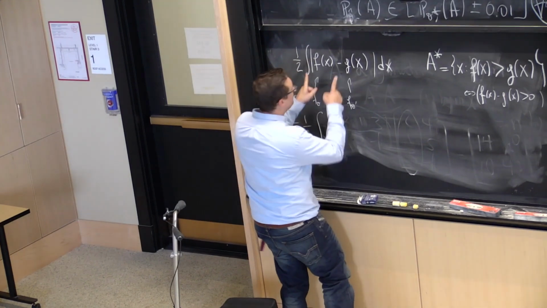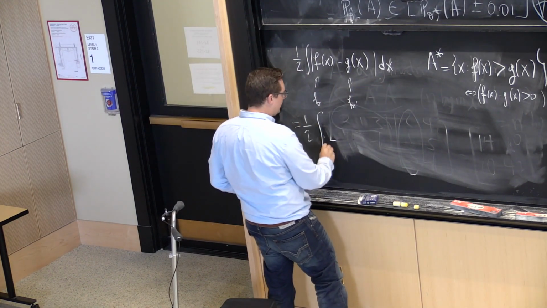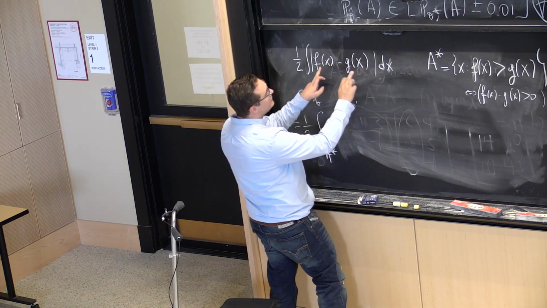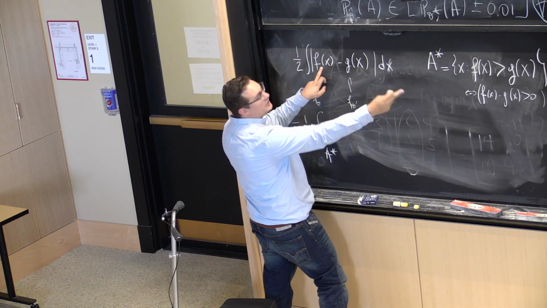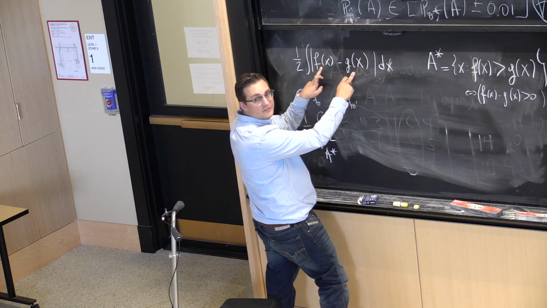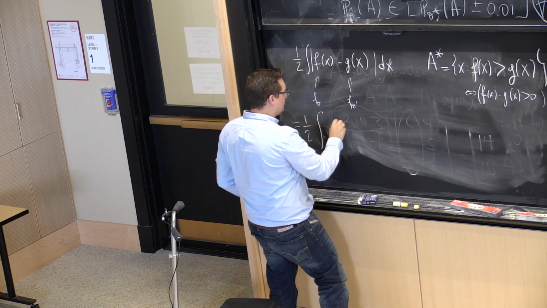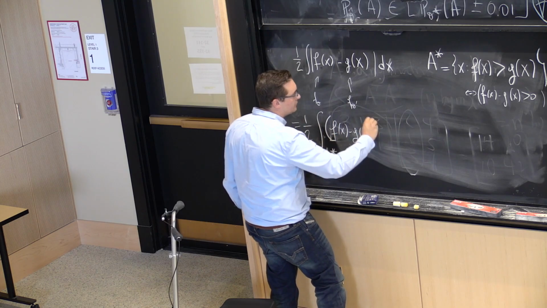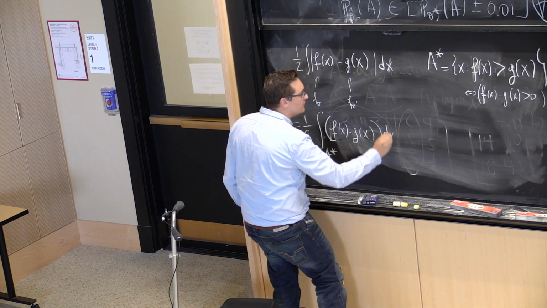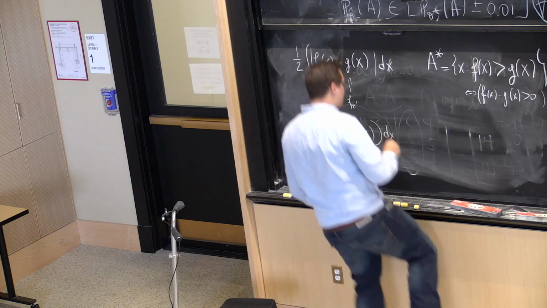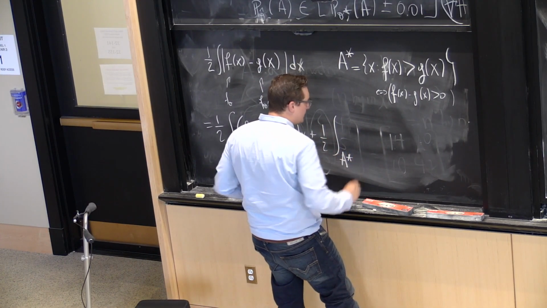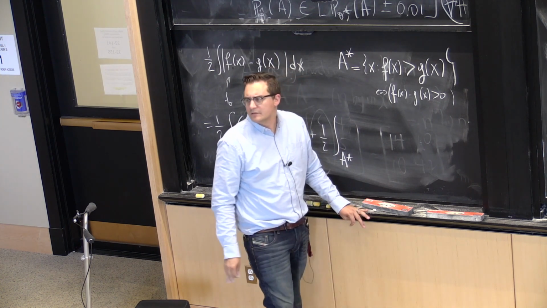So now I'm going to split my integral into two parts. On A star, f is larger than g, so the absolute value is just the difference itself. So here I put parentheses rather than absolute value. And then I have plus 1/2 of the integral on the complement. What are you guys used to write the complement?